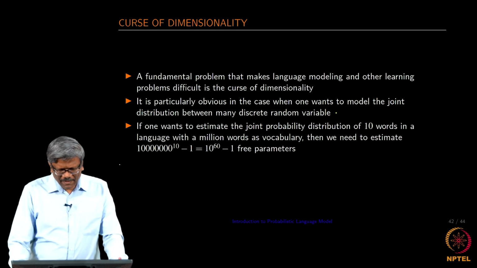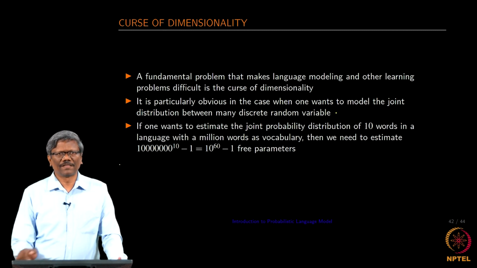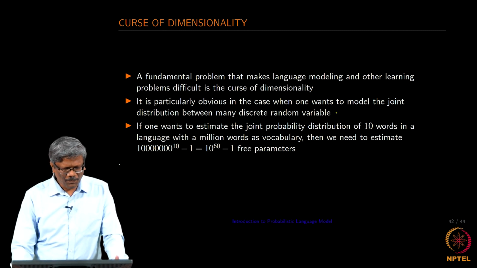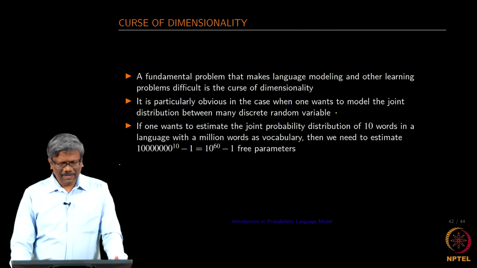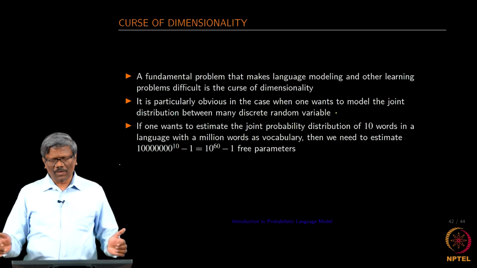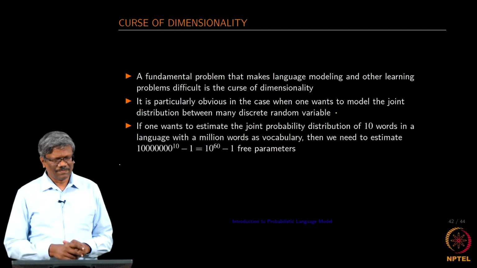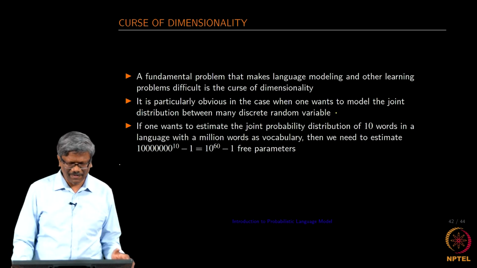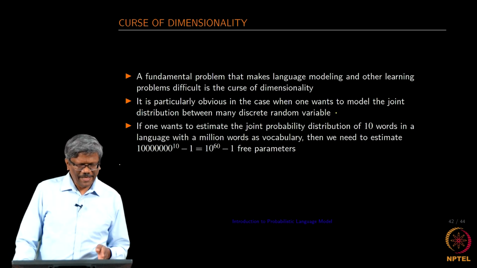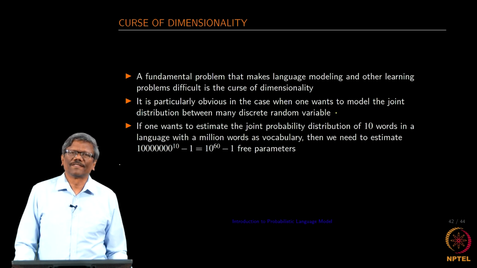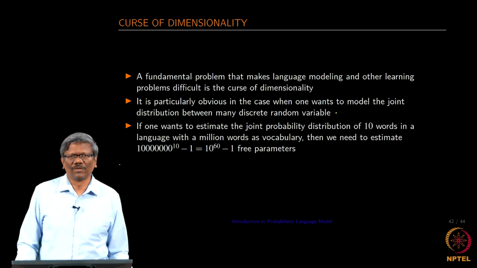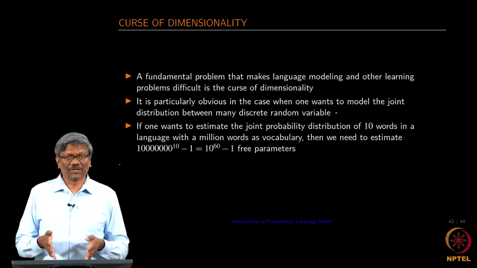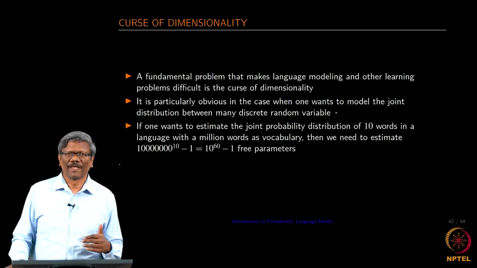One good example that I have given as the third bullet point is: if you want to have a joint probability distribution of 10 words in a language that contains a million words as vocabulary, then we need to estimate 10 power 60 minus 1 free parameters. That many, in the model that I have shown, right. So, we have to estimate so many of them.